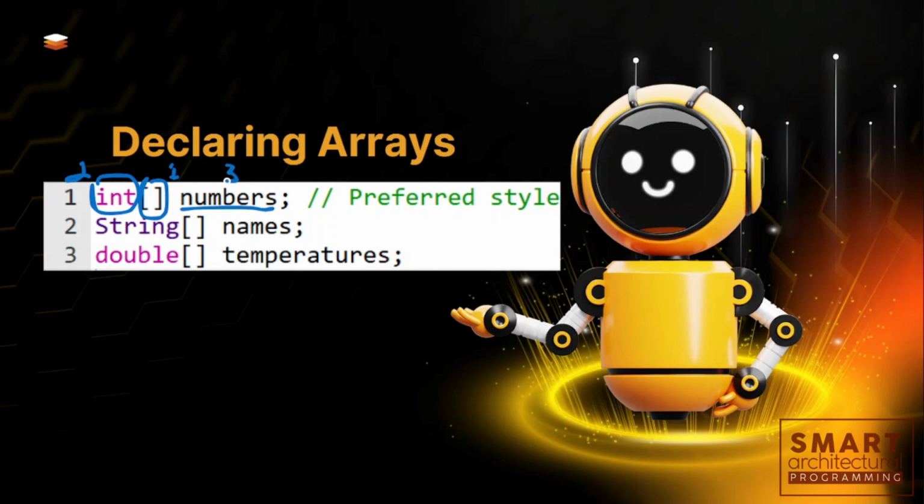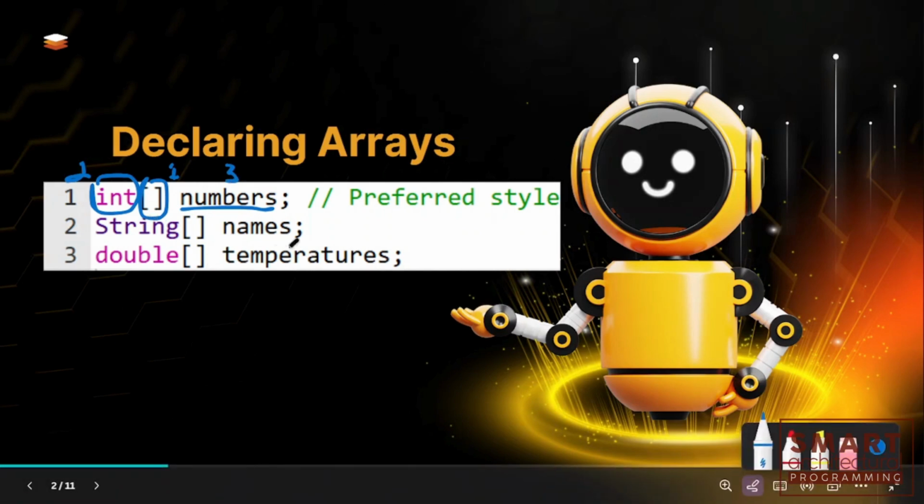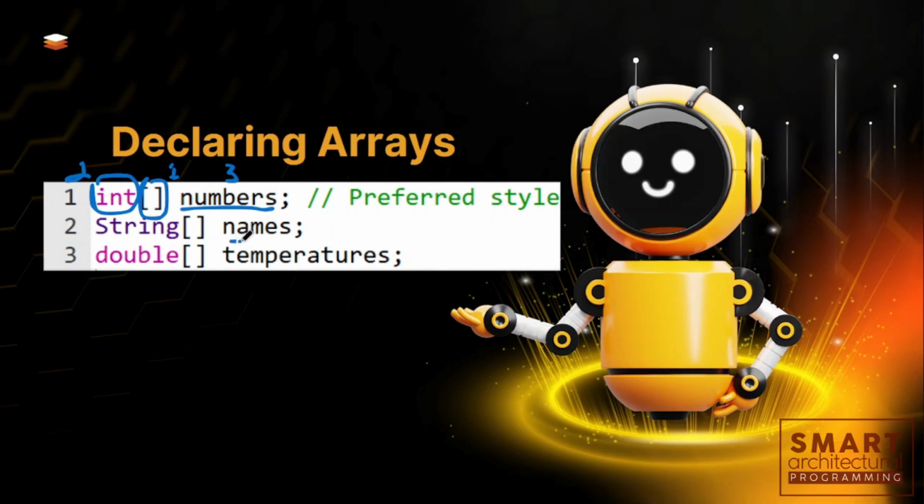It's the same with everything here: the data type that the array is going to store, the square brackets, and the name. Similarly, double is the data type, the square brackets indicate that it's going to be an array, and temperatures is the name of the array. So that's how you correctly define an array.